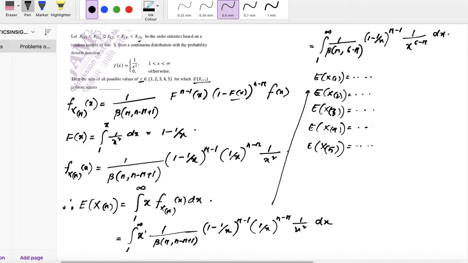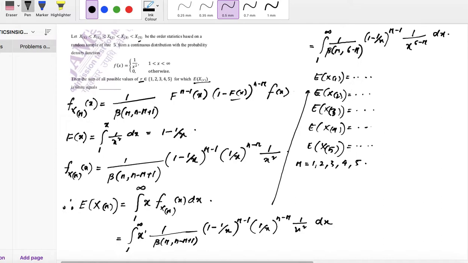Compute this and find where it is finite, for r equal to 1, 2, 3, 4, 5.